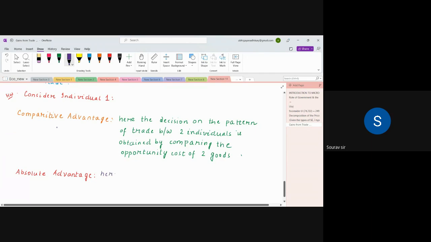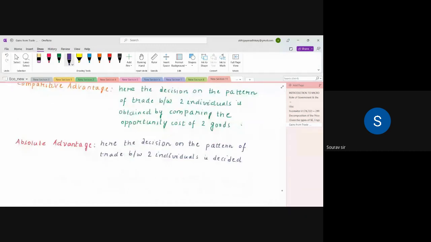So here, the decision on the pattern of trade between two individuals is decided based on comparing their productivities.